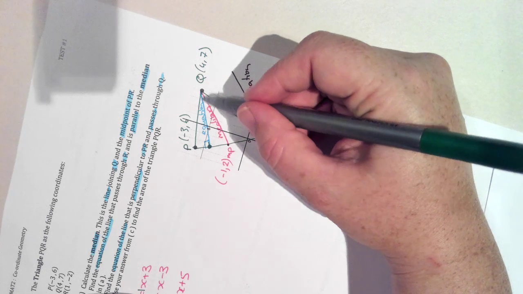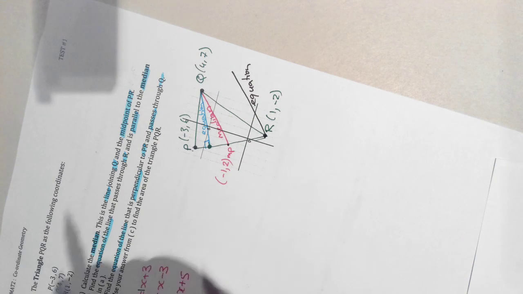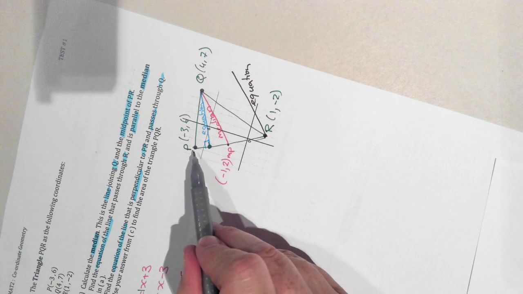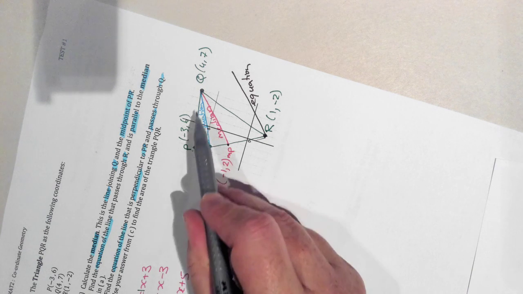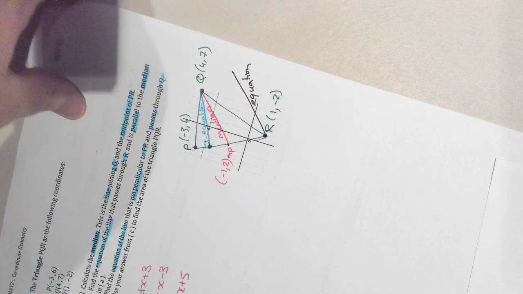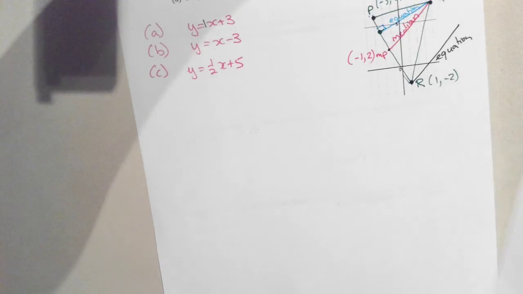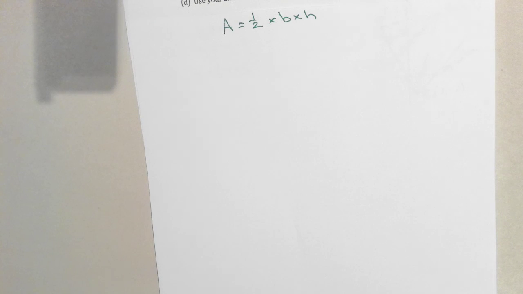So I need to find where that line intersects with this line here. First of all, I need to find the equation of this line so I can find the intersection point, find the distance, and then I can substitute that in and find the area. Okay, so that's what we want to be able to do.